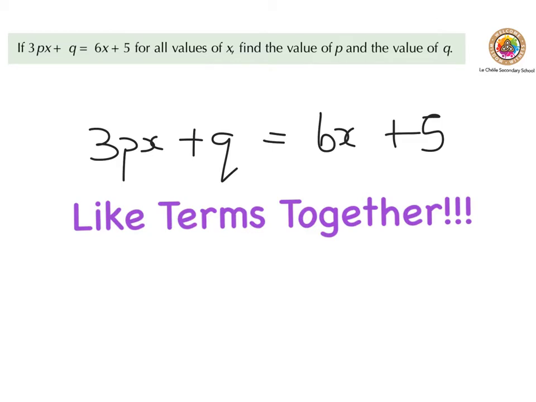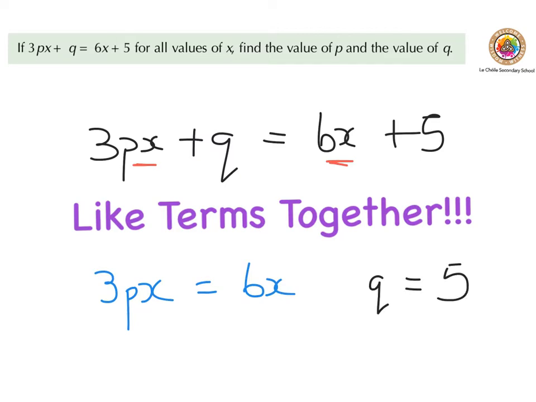I have an x term here and an x term here, so by putting like terms together, I'm going to be able to solve for p. 3px is the like term of 6x, and correspondingly q, a constant on its own, has as its like term the other constant on its own, which is 5.